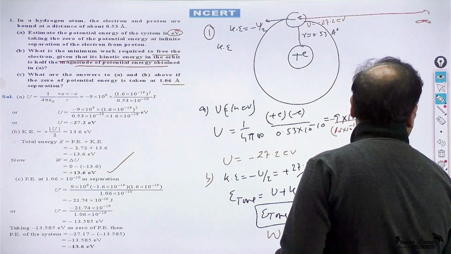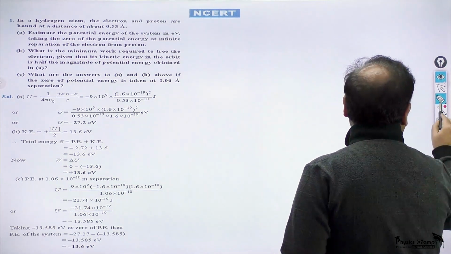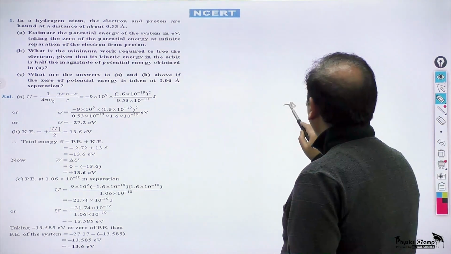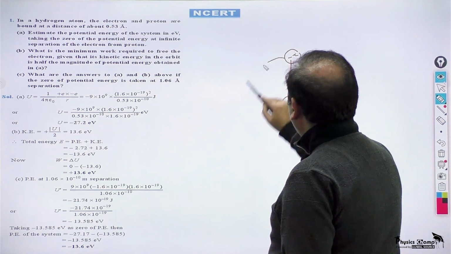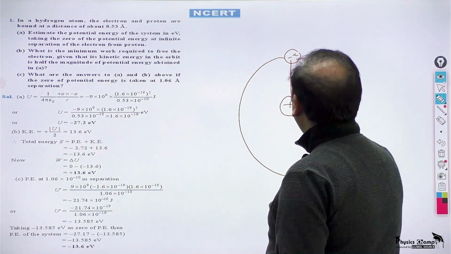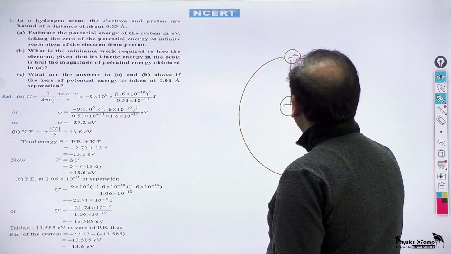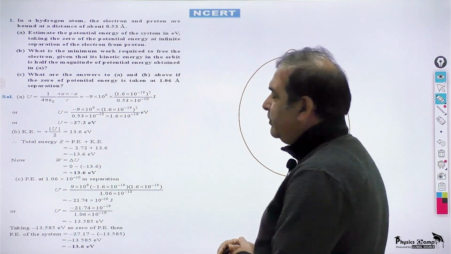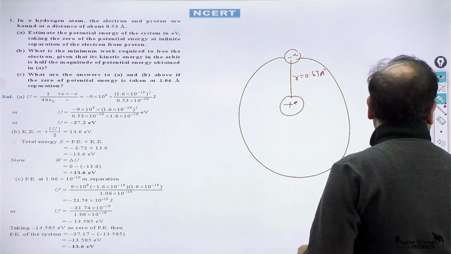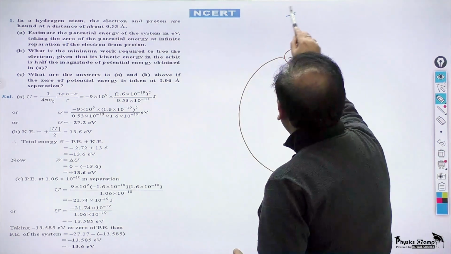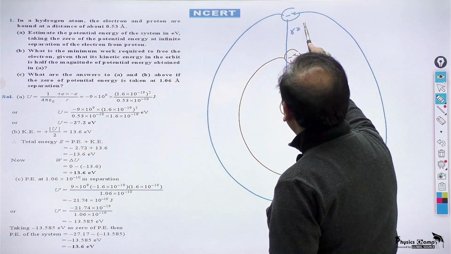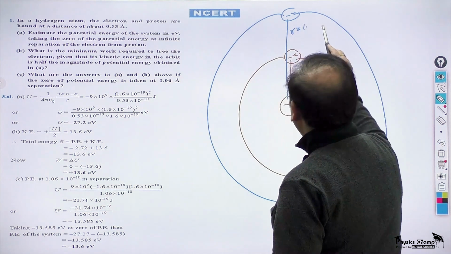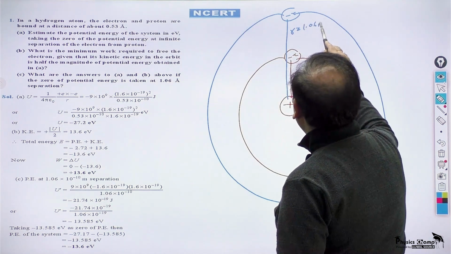So, if we treat the situation as though this is a proton, this is an electron, which is revolving in a radius of 0.53 angstrom, but the zero of this potential energy is at a separation of just double of it, 1.06 angstrom.